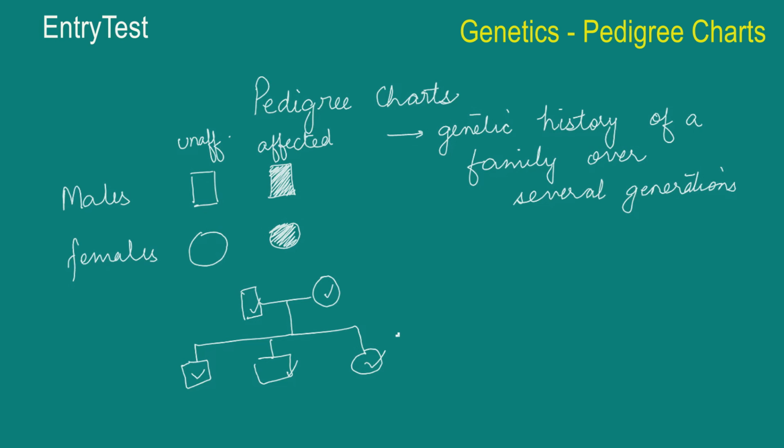So let's see how the pedigree charts will look when you have different kinds of dominant traits and recessive traits. Now, recessive traits, as you might already know from the videos of hemophilia and red-green color blindness, are shown in females. So if you have a dominant trait, the pedigree chart will look like this.